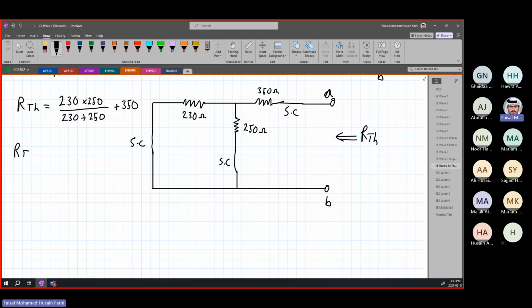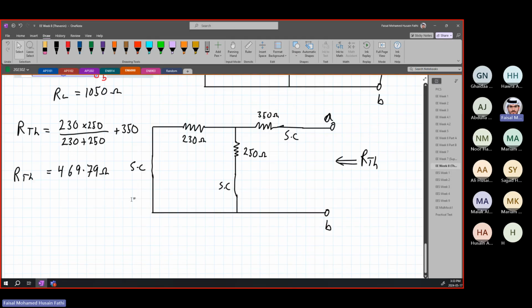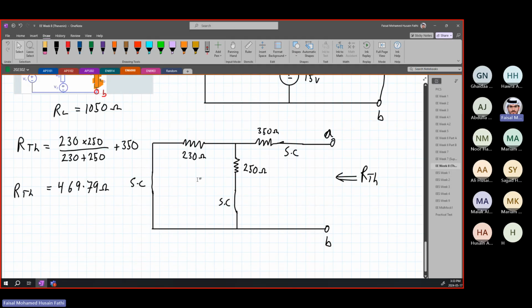So our Thevenin is going to be equal to 469.79 ohms. All right, so we found our Thevenin. Easy. I'm pretty sure all of you find it very easy.